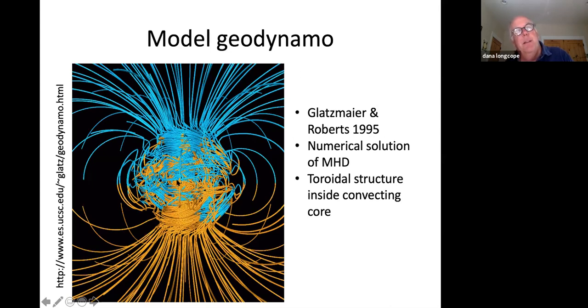Also, you can see that the magnetic field of the Earth mostly goes from east to west, right? The toroidal magnetic field is very important in the Earth's dynamo the same way as it is in the sun's dynamo. And so this gets back, I guess, to, oh, I forgot who asked the question.